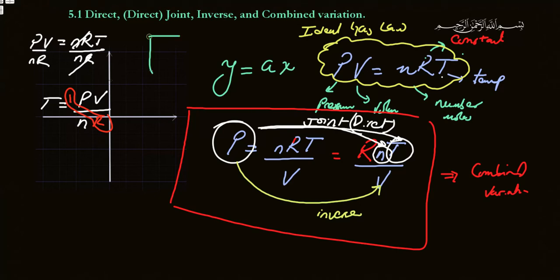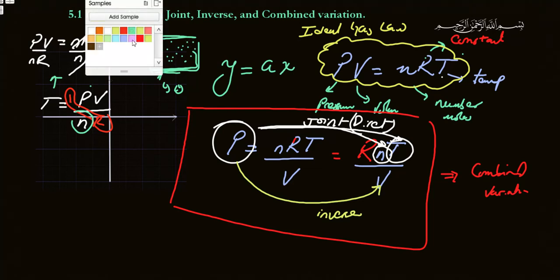For example, if you have a pressure cooker, and there's a certain number of gas molecules, if you increase the temperature, the volume cannot change, because it's a pressure cooker, and the number of moles does not change, the number of molecules does not change.